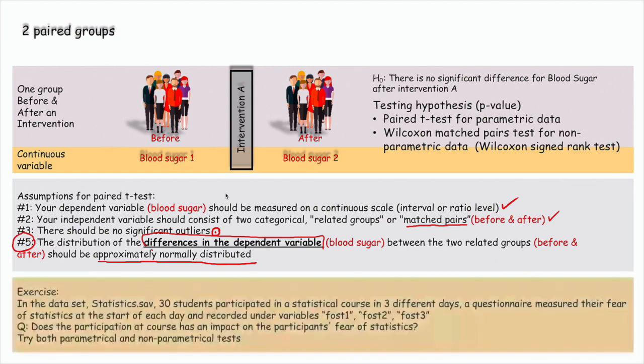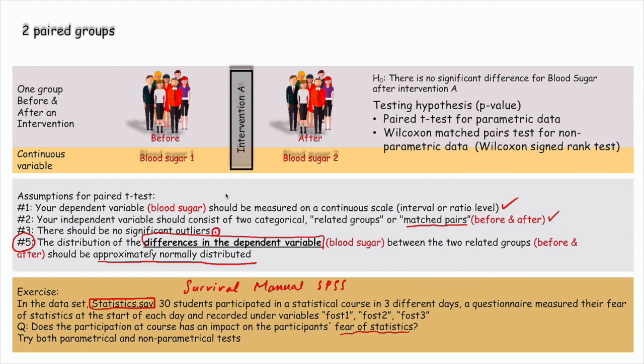Let's go back to our example, the data set from the SPSS Survival Manual. This is the book, and they have an online version where you can find these statistics SAV files. We can find those here. So the question is, does participation in the course have an impact on the participants' fear of statistics?